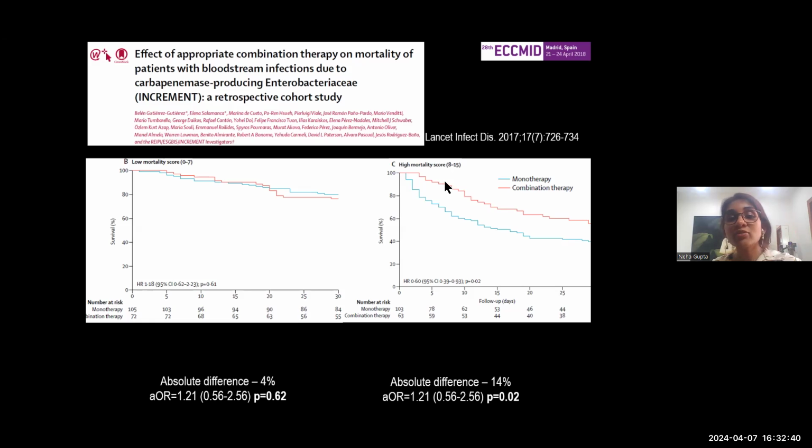So again, we have to decide, maybe with polymyxins and carbapenems. If there is no other alternative to carbapenems, then carbapenem can be used with polymyxins for the very sick patients.